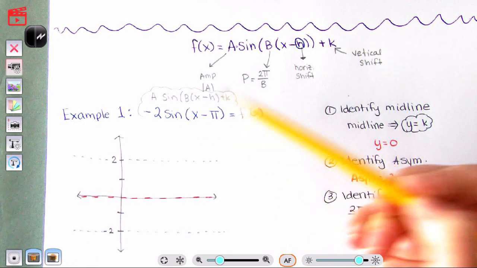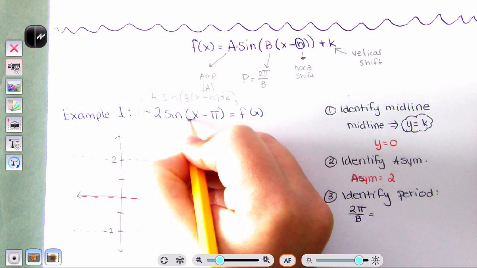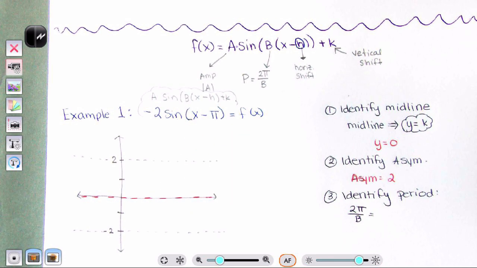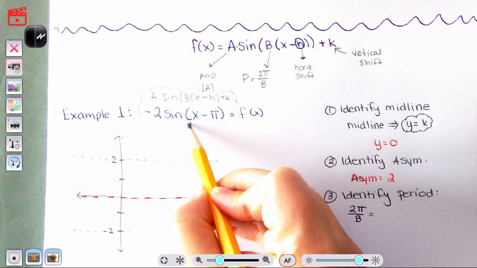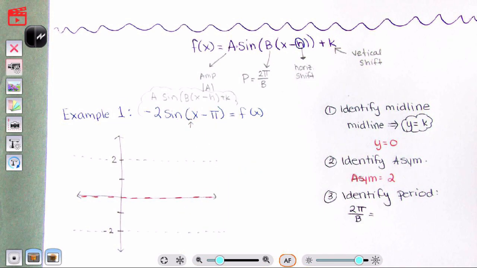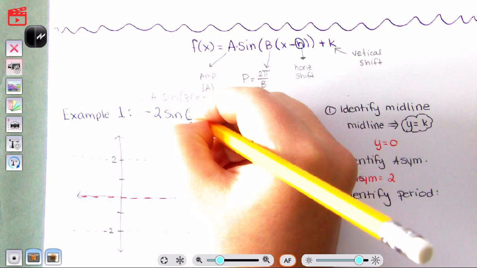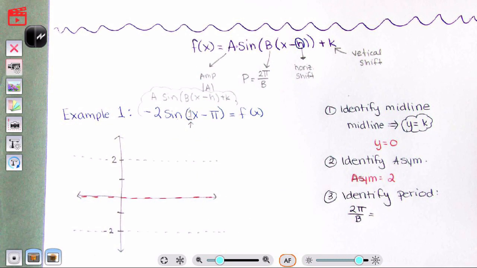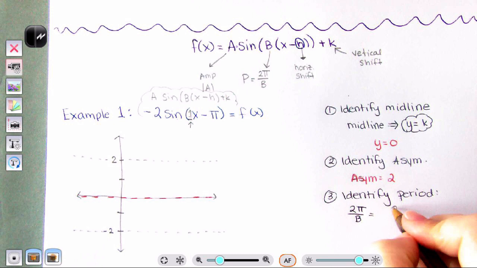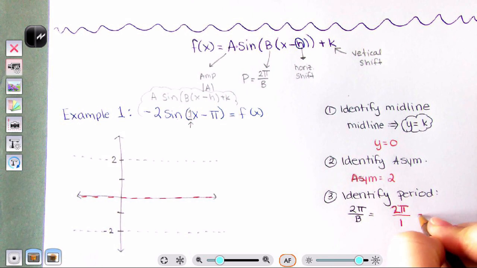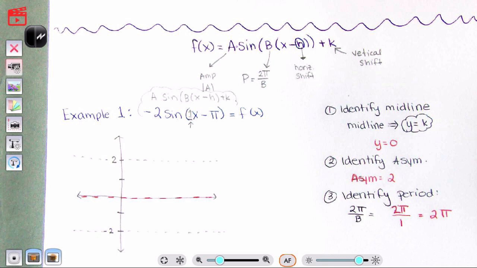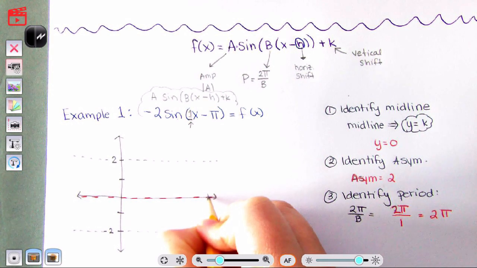What do we know about b? Well, we're looking at the number in front of x that's been factored out. Specifically in our class, we're factoring these out. Since the number in front of x is not there, we fill it in with a 1. And if you factor out a 1, nothing really changes. So our period is going to be 2 pi divided by 1, which is just 2 pi. So we have identified our period, and our period is going to be 2 pi.